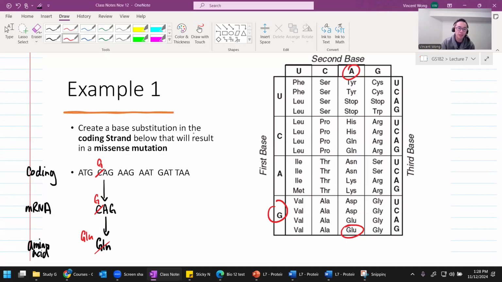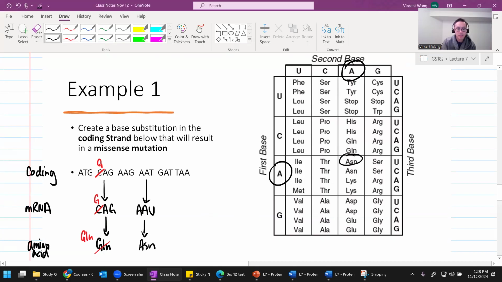Do you have to use the second one? No, not really. You can choose another one. Let's say I choose this one here. So AAT, it will become AAU. Let's look up AAU. AAU is ASN.